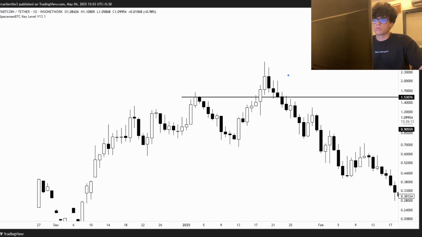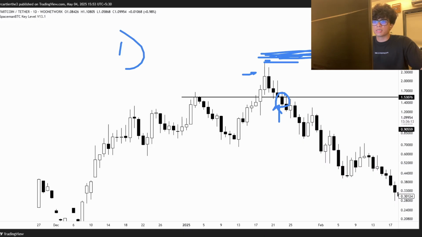So furthermost deviation is the first setup. Let's say you enter when the candle closes here. You enter on this candle close, because it closed below the resistance again. Your stop loss would be somewhere here. This is the furthermost deviation, and your stop loss would be a little above that.